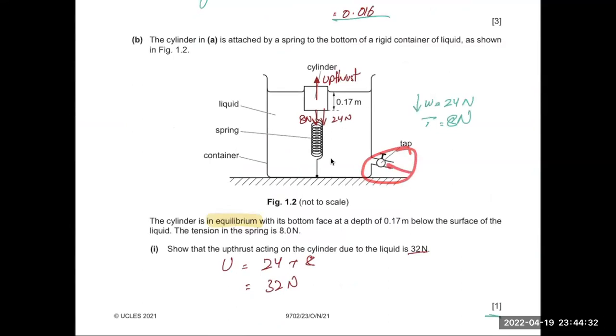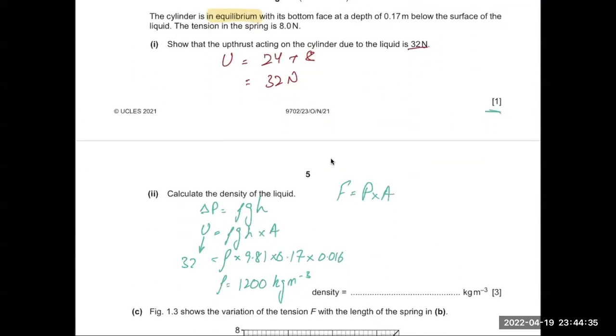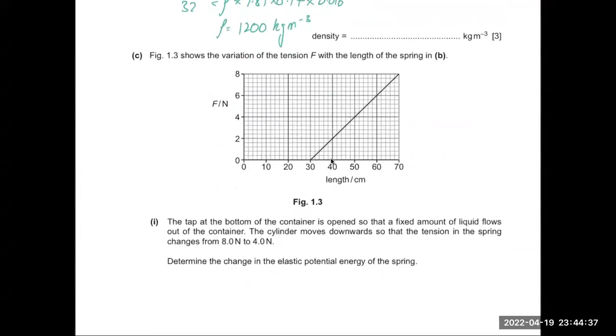They've opened that tap, and that basically causes liquid to flow out. The cylinder moves downward so that the tension in the spring changes from 8 newtons to 4 newtons. Determine the change in elastic potential energy.